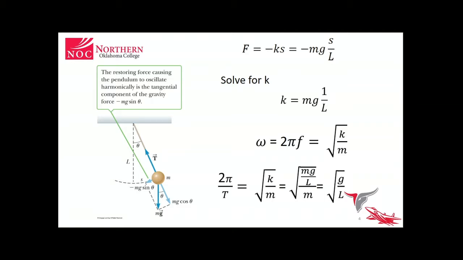But now I've got the k in terms of the mass, gravity and the length, and when I plug that into the equation, it doesn't matter what the mass of my pendulum is. It doesn't matter what the mass of the bob of the pendulum is, and I can look at the square root of gravity divided by the length. I can measure the period, and I can measure the length, and I can actually measure gravity using a pendulum.